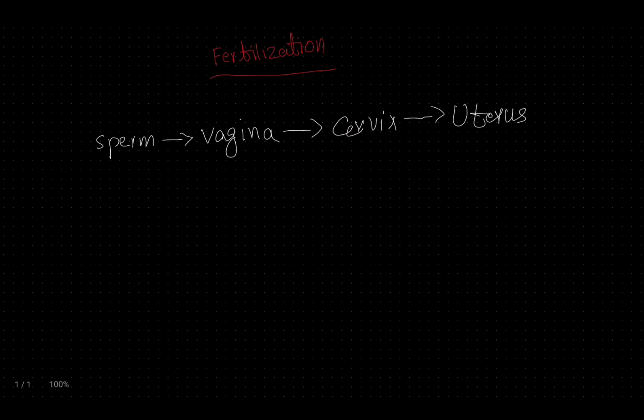Now I will recap this whole process. Sperm enter the vagina, then come into the cervix, then go into the uterus, then into the uterine tube, which is also known as the fallopian tube.